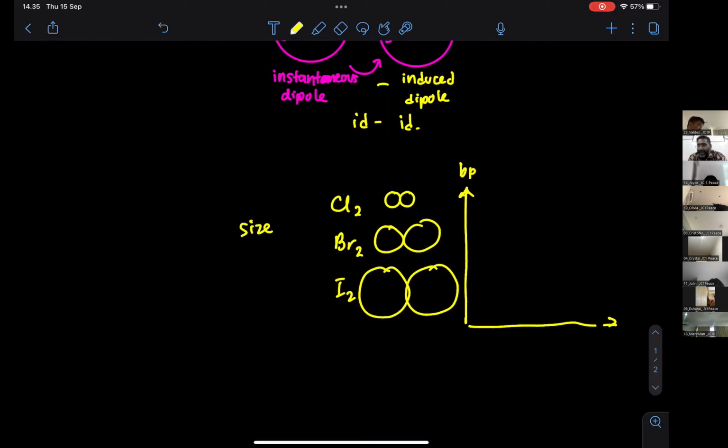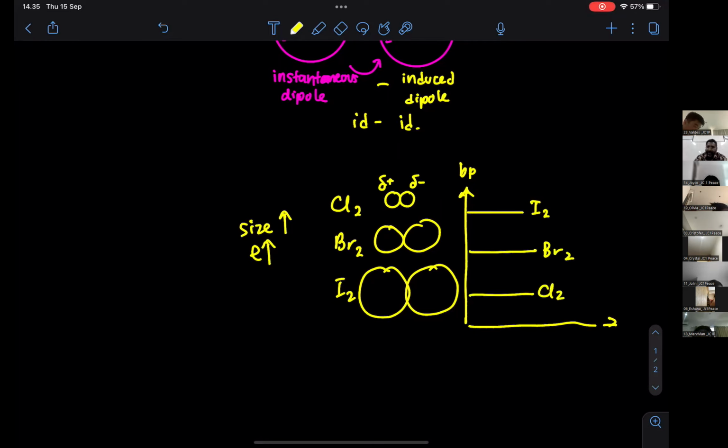Because the number of shells is more, which means more electrons. If you have more electrons, more electrons can be at one particular place. That is going to make the delta positive and delta negative become stronger. That's why the boiling point for I2 is going to be higher compared to Br2 and Cl2. Why?